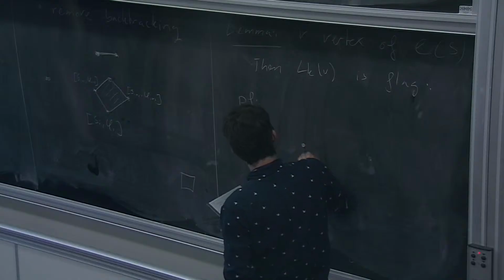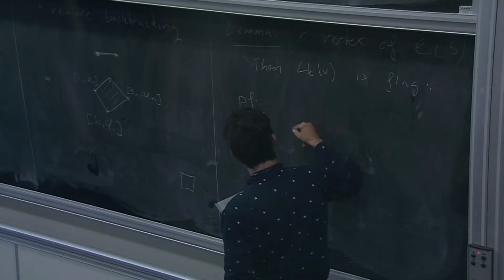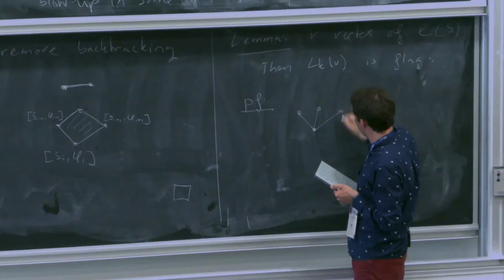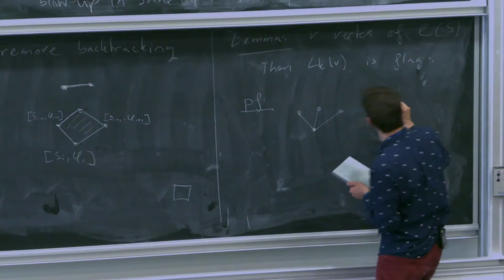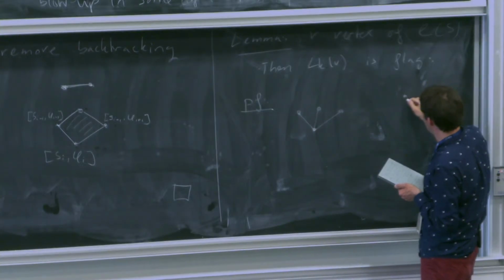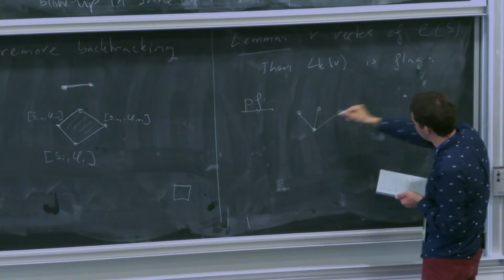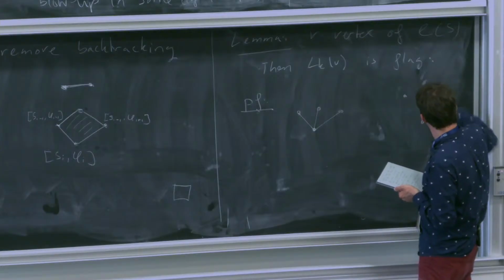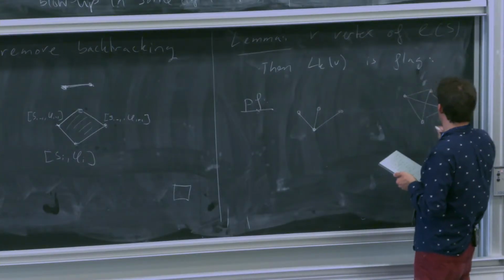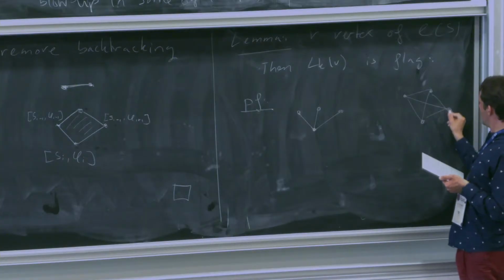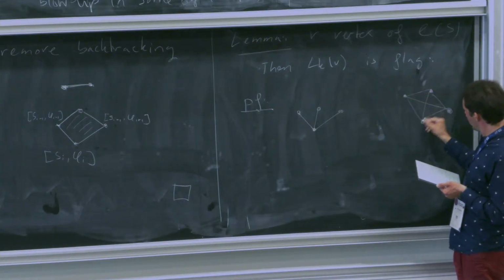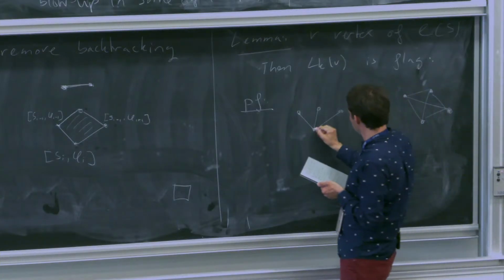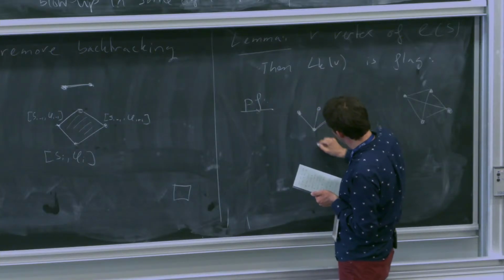We have a vertex here, and the adjacent ones are given by blowing up. What we want to show is this: if we have a set of vertices in our link that are pairwise connected, these correspond to adjacent vertices in the cube complex.